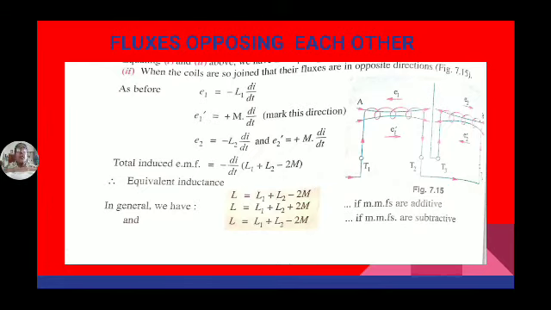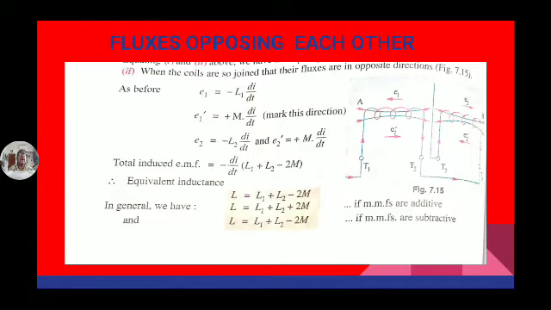So now first we have to calculate the total EMF induced in coil 1. Again it is equal to the sum of the self-induced EMF plus the mutually induced EMF. Now what is the self-induced EMF? E1 is equal to minus L1 di by dt.